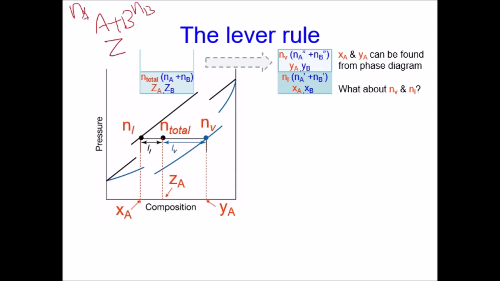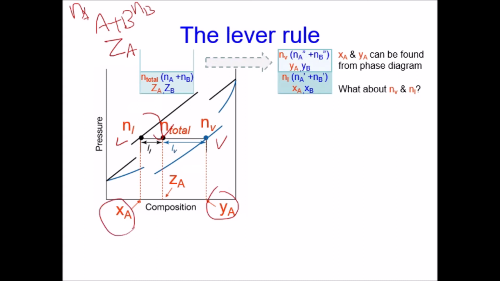Let's say ZA is the mole fraction that we made the mixture. Now, under a certain temperature and pressure, this system falls in between the two composition curves. That indicates this system will separate into two phases, one is the liquid phase, one is the vapor phase. And by drawing the tie line, we find the mole fraction of the gas phase and the liquid phase.